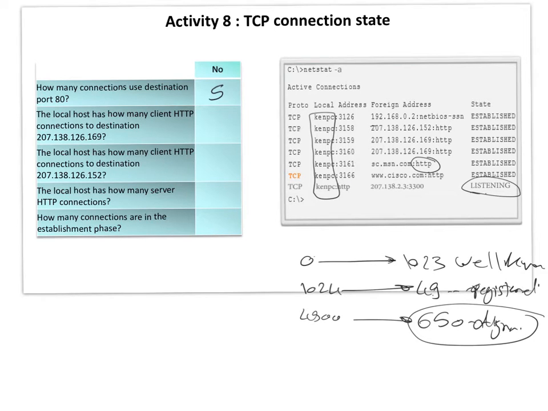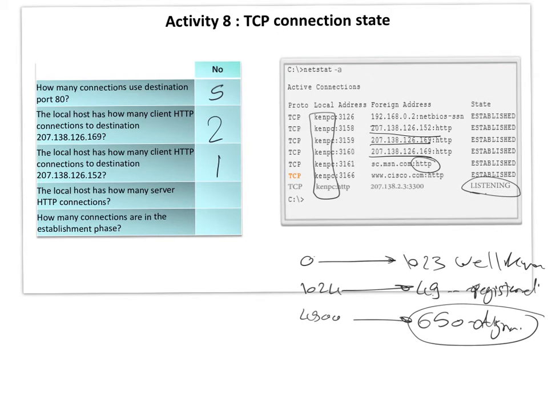The local host has how many client HTTP connections to a specific destination? So in that case, this destination is this, right? So we have 2. The local host has how many client HTTP connections to destination 152? Now it's only one.